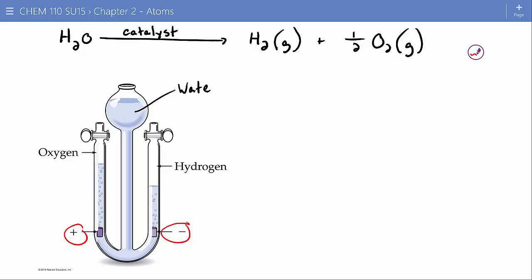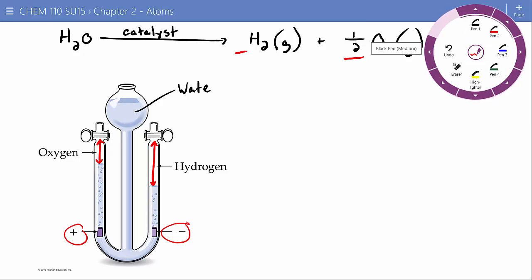But if you notice, the volume of oxygen gas there is half of the volume of that hydrogen gas, right? And so that's exactly where we get this ratio of 1 to 1/2, right? So we get half as much oxygen out as hydrogen out.